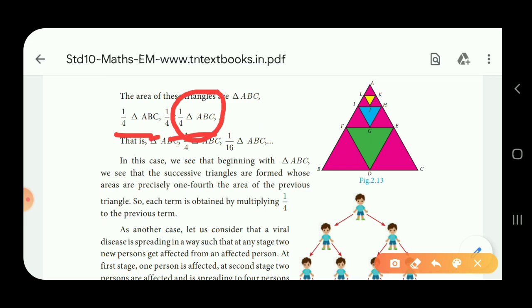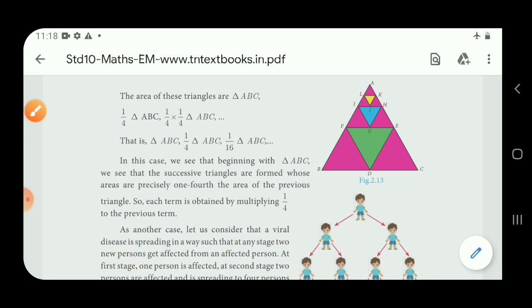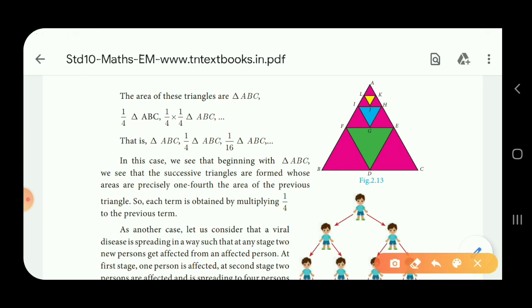So the areas are triangle ABC, comma, 1/4 triangle ABC, comma, 1/16 triangle ABC. Likewise you can continue. So you can keep multiplying, and that is the geometric progression. Geometric progression means you can continuously multiply. That is the main point.